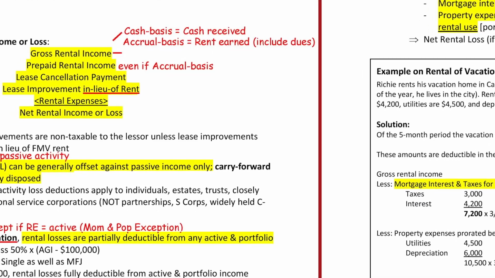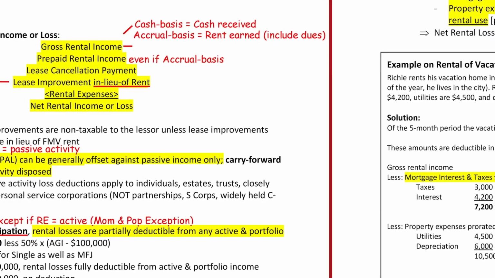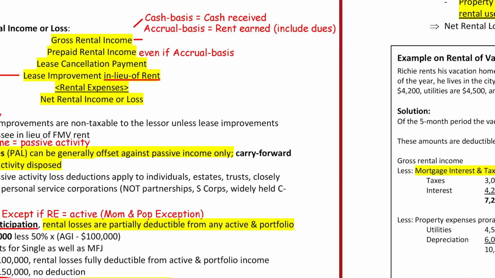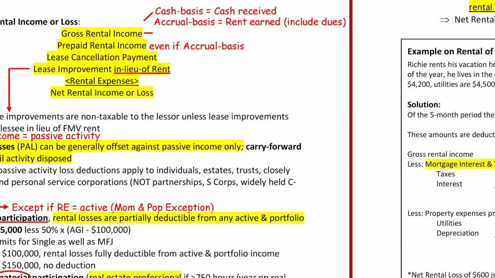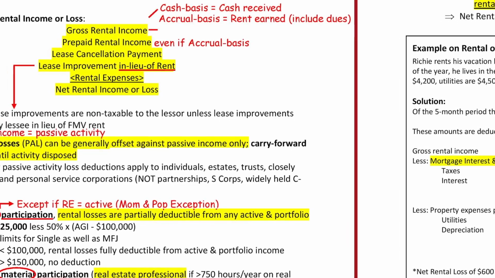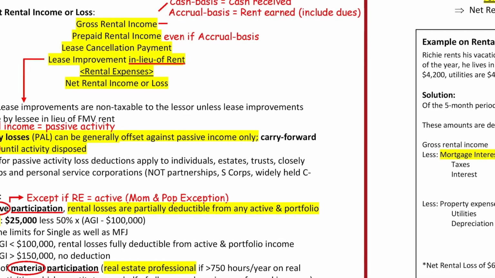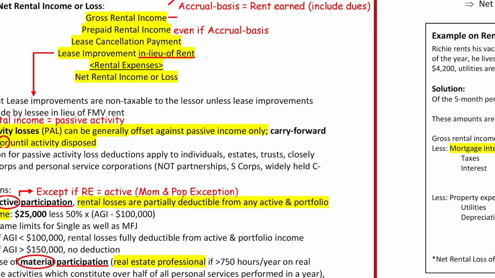So you're going to look at what the taxes and interest are for 3 months out of 12, and that calculates to $1,800. The remaining $5,400 of taxes and interest on the mortgage loan are itemized deductions, and we look at all of them on Schedule A.